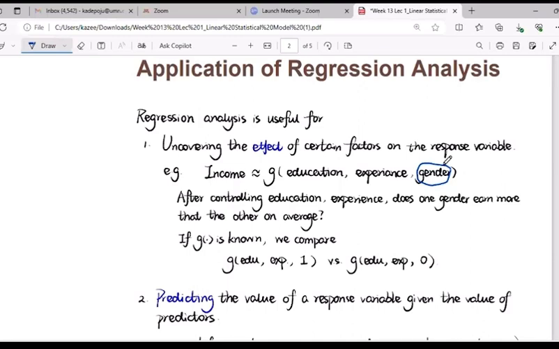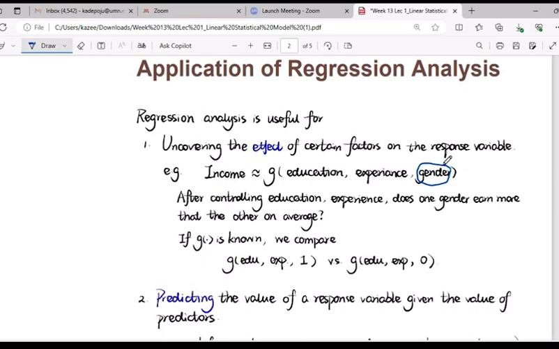I want to look at the effect of gender on income. That is synonymous with comparing two groups, male and female, comparing the average salaries of male and female, where I can use a t-test, right? And I can also use a regression.